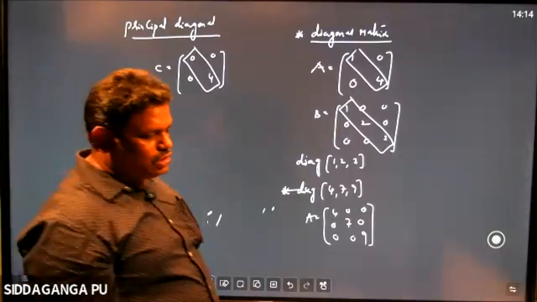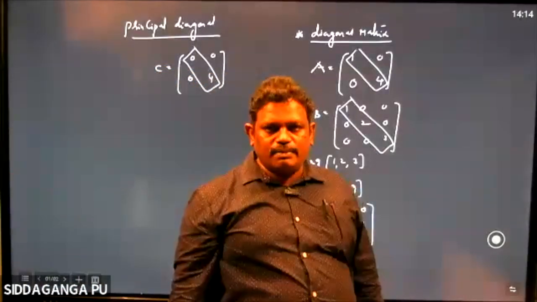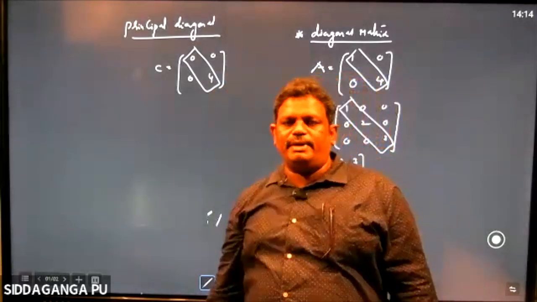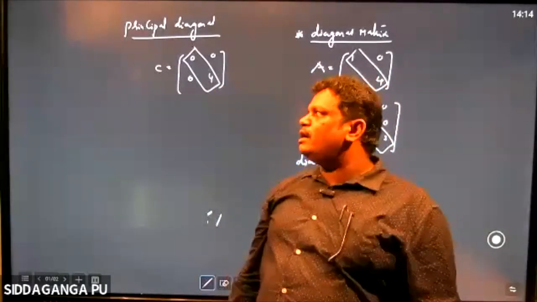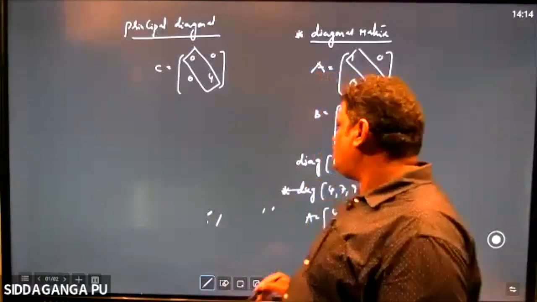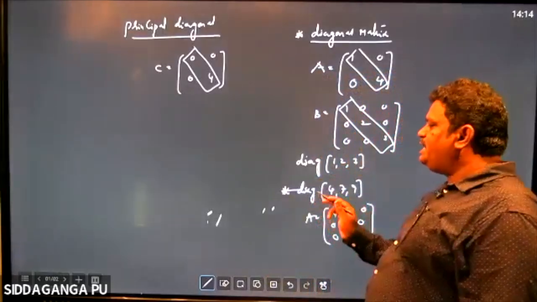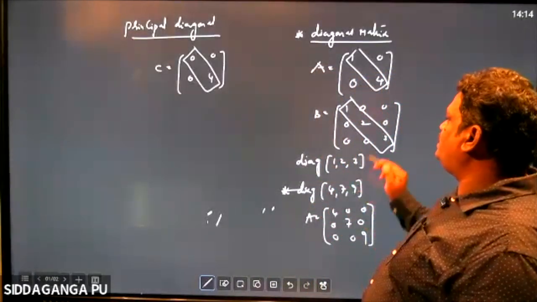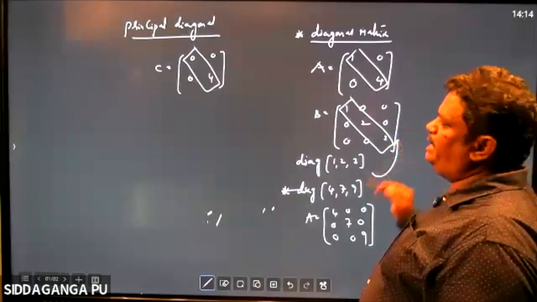So that is the definition of a diagonal matrix. In a square matrix, all elements are zeros except the principal diagonal elements, then that matrix is called a diagonal matrix, written as diag.